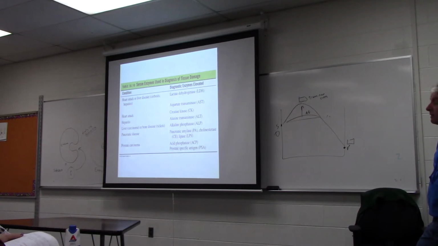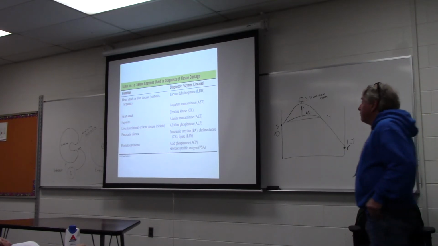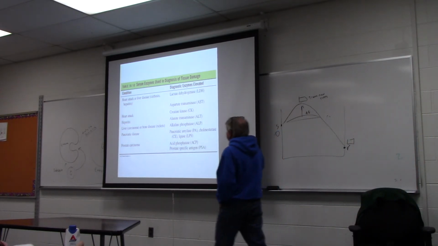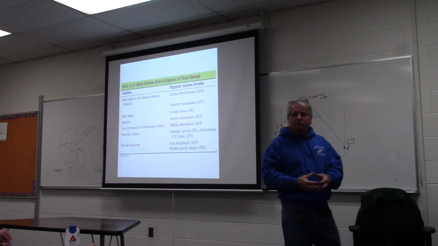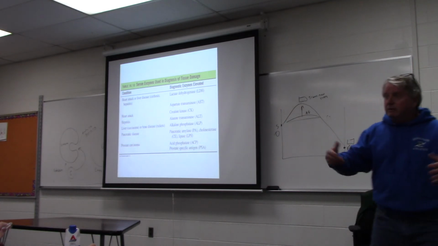When a tissue gets damaged, it starts leaking, and one of the things that will leak out is specific enzymes related to it. So if you're having a heart attack or have had a heart attack, you will have high levels of creatine phosphokinase, because those tissues have been damaged and leaked it out.